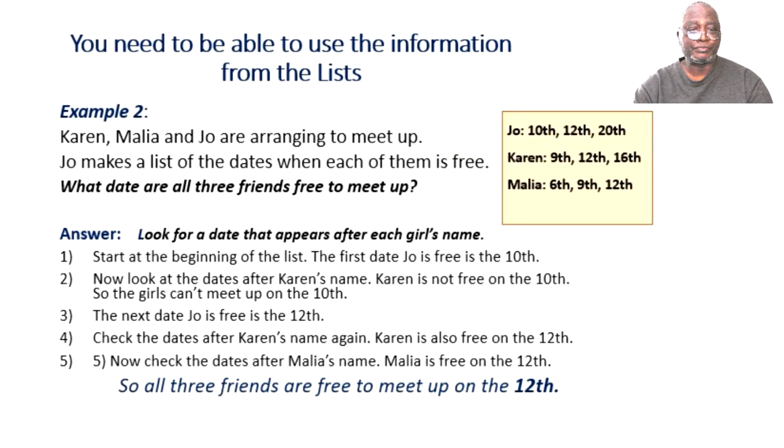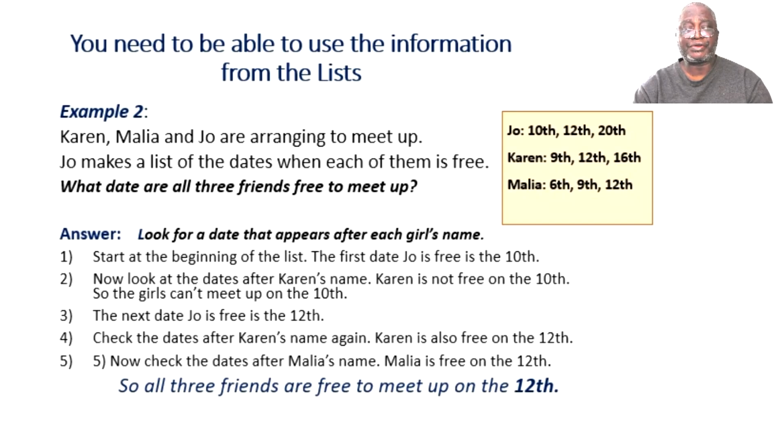Example 2. Karen, Maria, and Joe are arranging to meet up. Joe makes a list of the dates when each of them is free. What date are all 3 friends free to meet up?